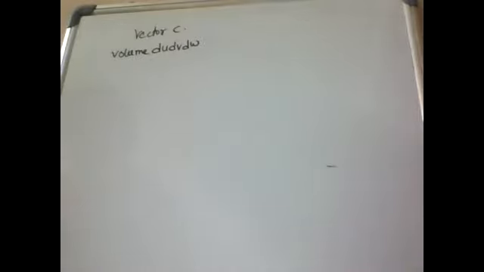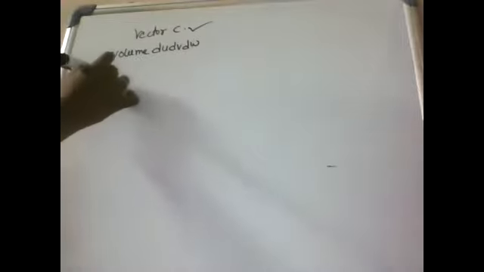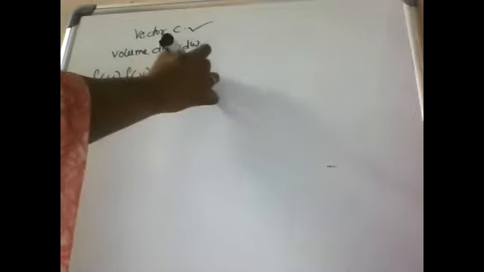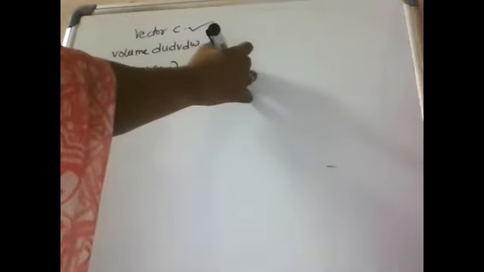Expressed in another function, we can write f of u into f of v into f of w into du dv dw equal to phi of c square into du dv dw.